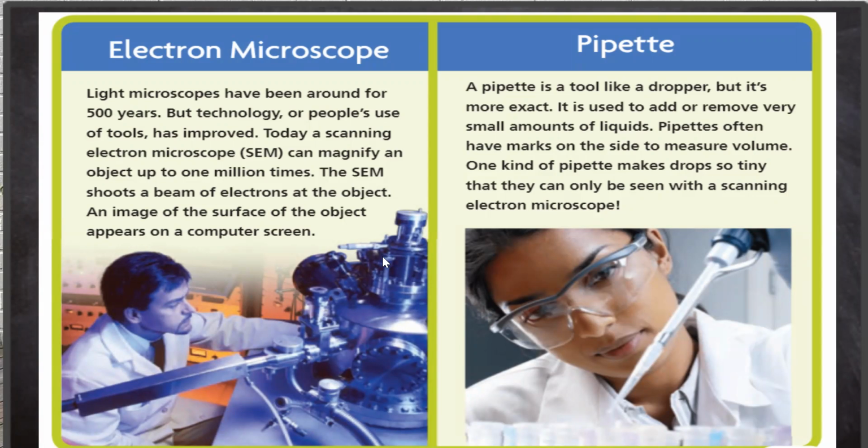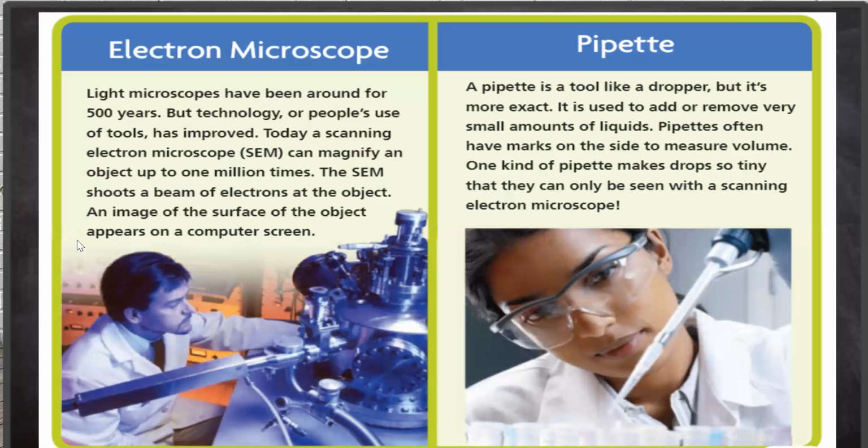And what about the magnifying? Do both of them magnify the same amount, or can one magnify bigger than the other one? One can magnify bigger than the other one. Which one is it? Electron microscope. Excellent. Yes, the electron microscope shoots a beam of electrons.